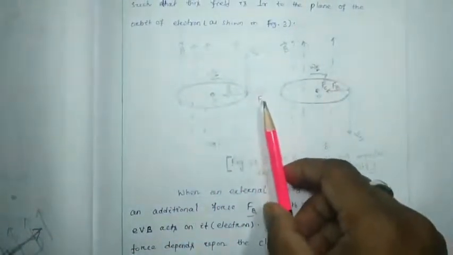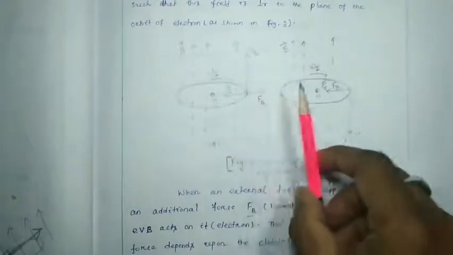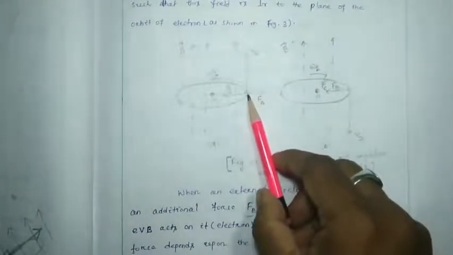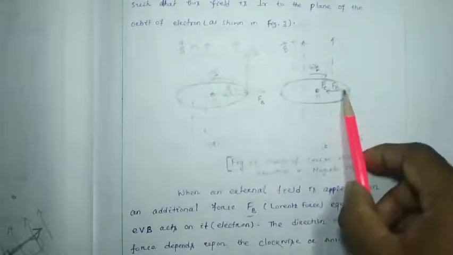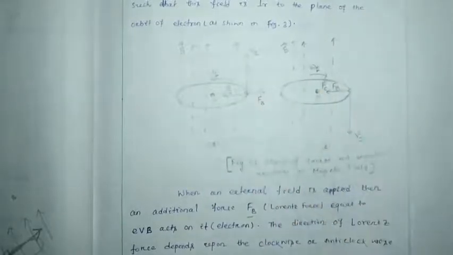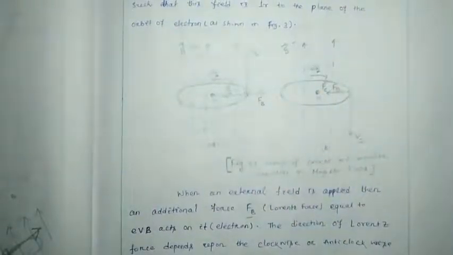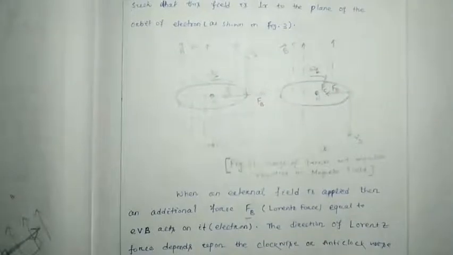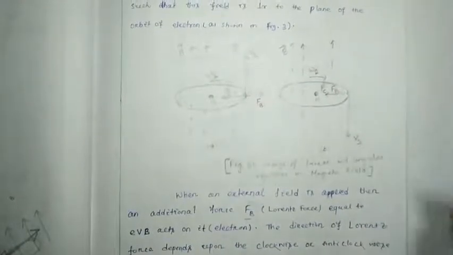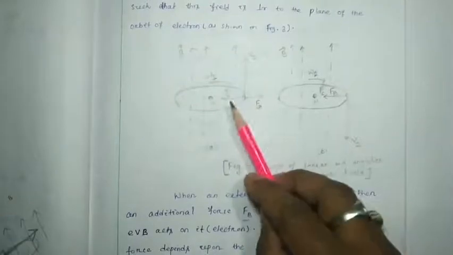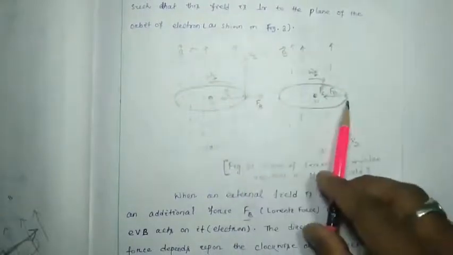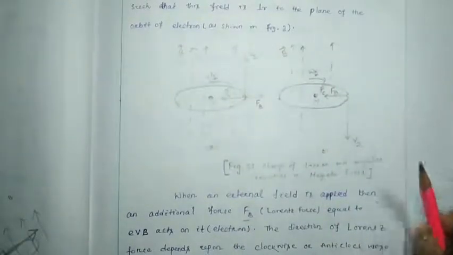Now as both magnetic force directions are opposite, obviously the angular velocity for this electron and this electron will be different.